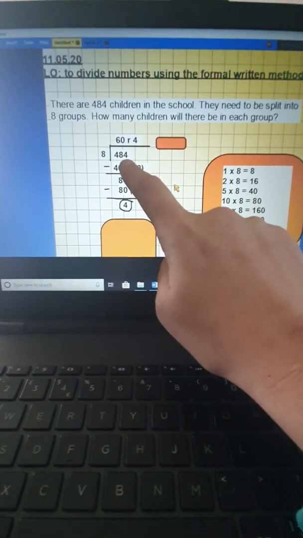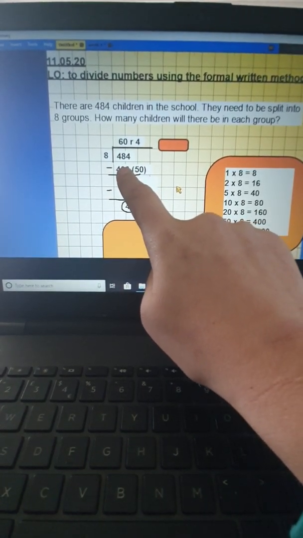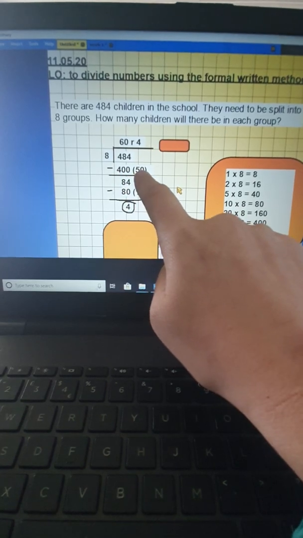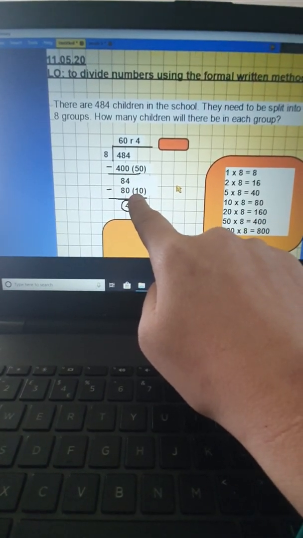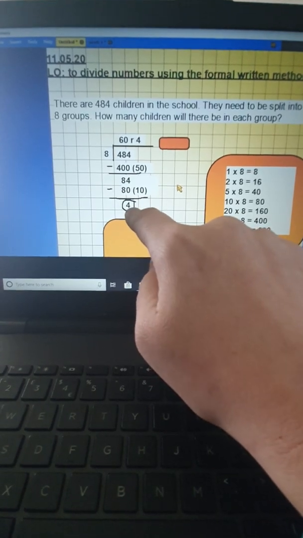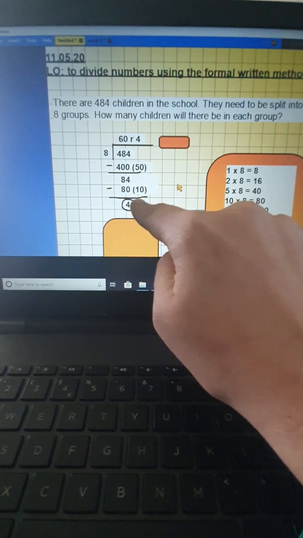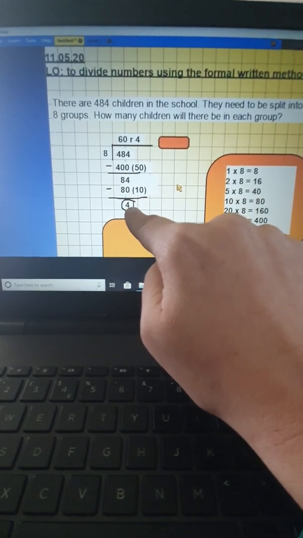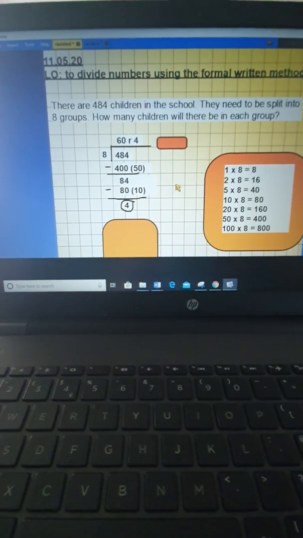You then take away chunks. You put the number, the amount it has been timesed by, in brackets. You then continue chunking, okay? At the end of it, when you can't chunk anymore, you count your numbers up in the brackets to get your answer. If you've got a remainder, you need to put R and the remainder that you have got, okay?